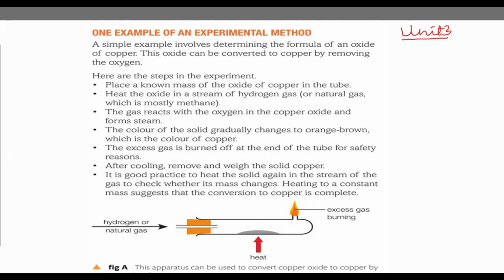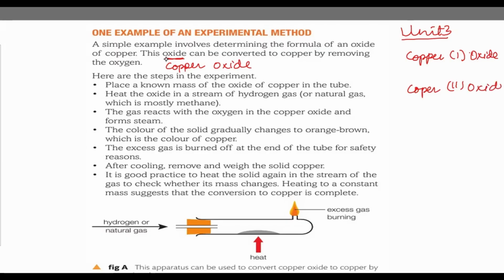Now in this they are performing an experiment in which they have been given an oxide of copper. Okay, they have been given a copper oxide. Now we know that copper can have an oxidation number of 1, or it can also have an oxidation number of 2.